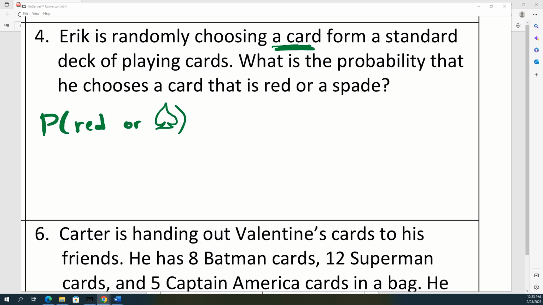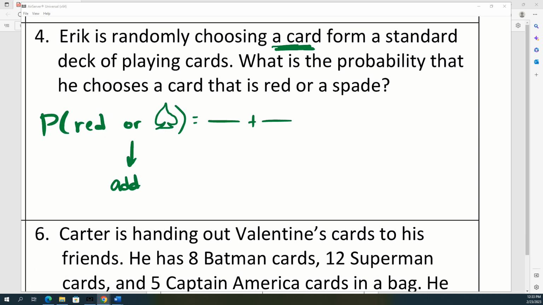So on your quiz tomorrow, when you see or, I want you to think add. Whenever we're doing these or problems, we're going to add, and sometimes you're going to subtract. When you're trying to decide if you're going to add or subtract, you have to ask yourself, can you draw a card that is red and a spade?